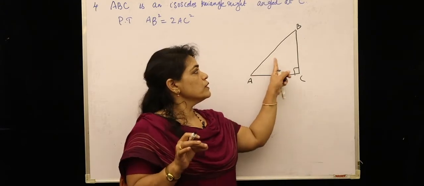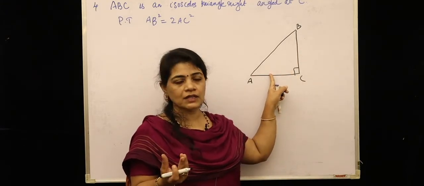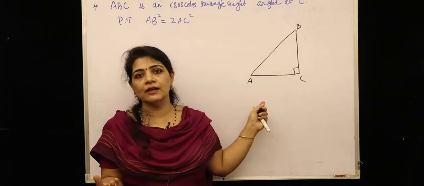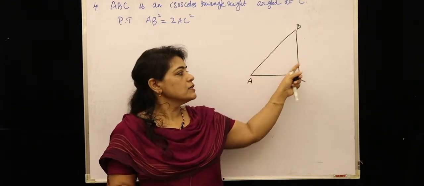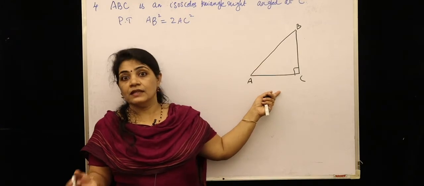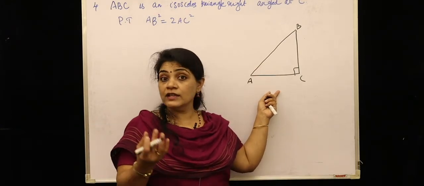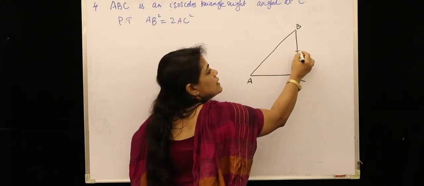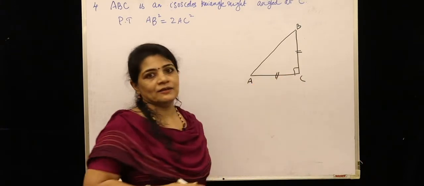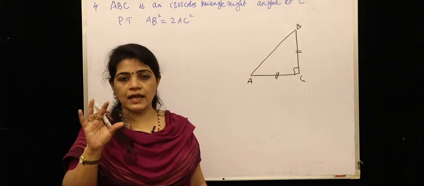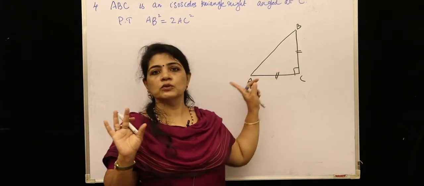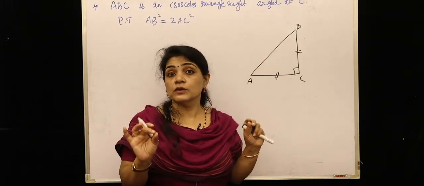AB is the hypotenuse, the side opposite to 90 degrees. So this side cannot be equated to either BC or AC, because it is the longest side. So the only choice is BC equal to AC. Being isosceles, two sides must be the same, and that cannot be the hypotenuse, because the hypotenuse is always the longest side.